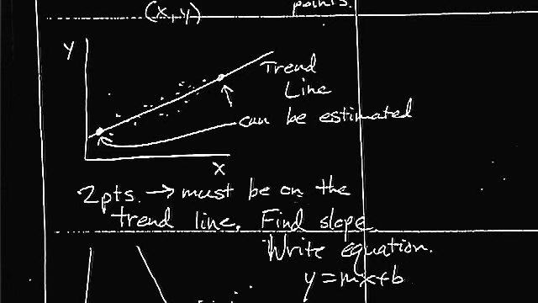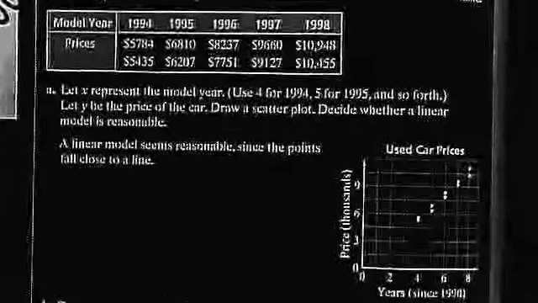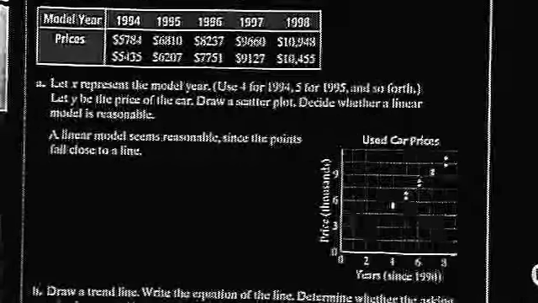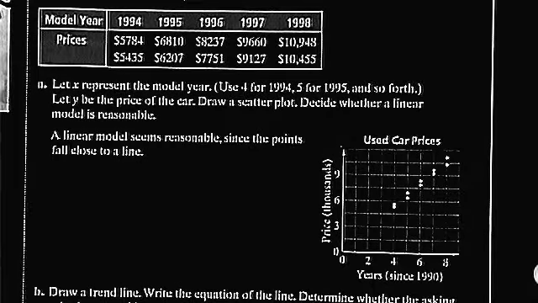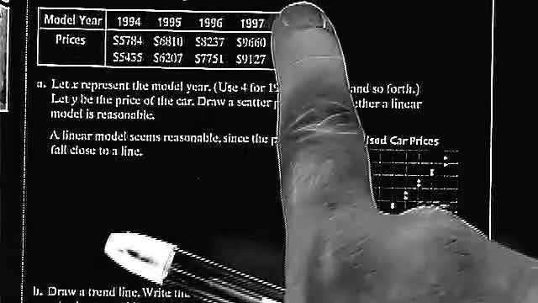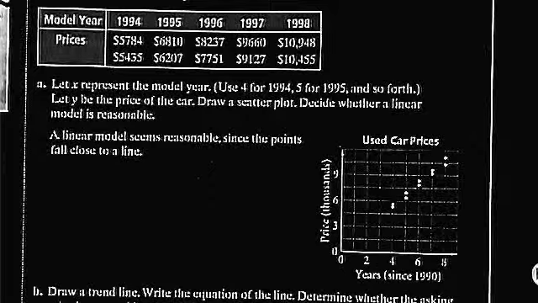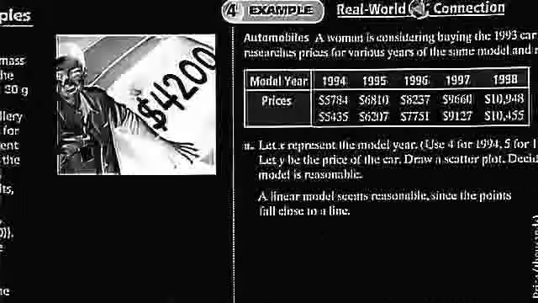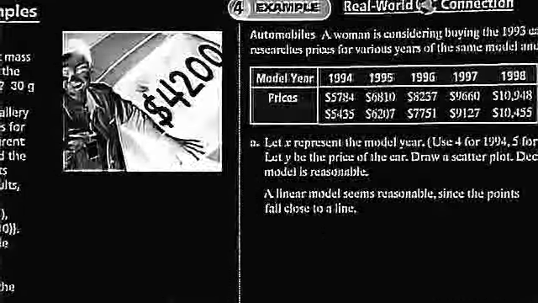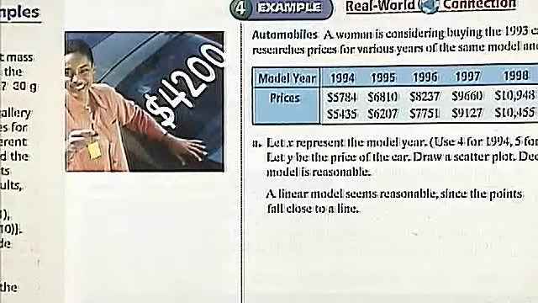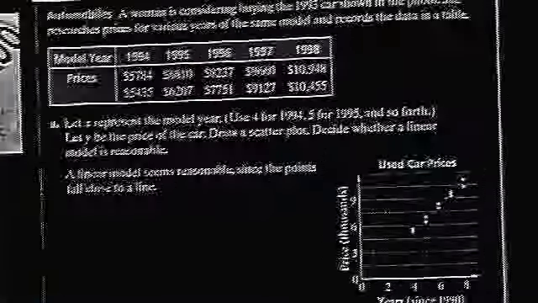Now, I'm going to show you an example from the book, for lack of time and plotting points and all that good stuff. This is from example 4. It says a woman is considering buying the 1993 car shown in the photo. Obviously, that's the photo. She looks a little different than you probably pictured her, but there she is.